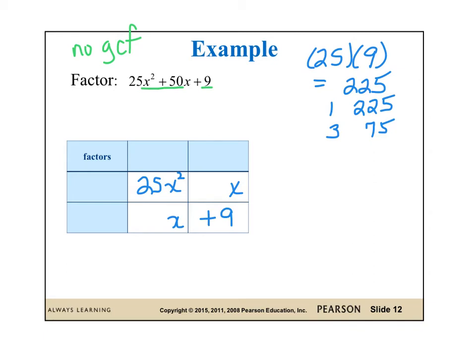And we get 45. And then we try 7, and it doesn't work, but 9 does. It's actually 9 times 25.